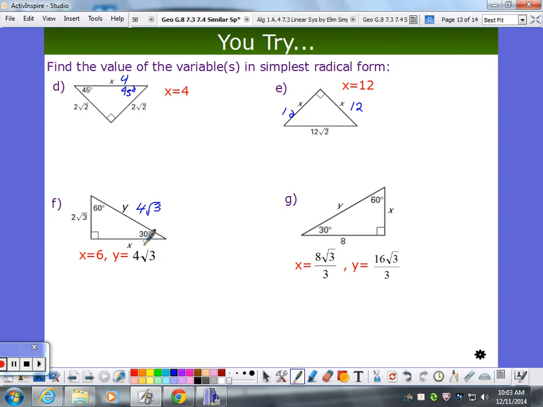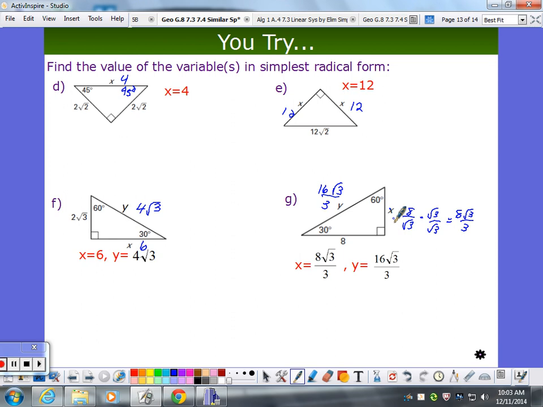Multiplied by rad 3. 2 rad 3 times rad 3 is 6. This guy, the side opposite that is 8, so I got here, divide by rad 3. Remember how to do the rationalizing denominators? Remember this? So that's going to be your x. Multiply by 2 to get the y. So dividing by rad 3, remember to rationalize denominators.